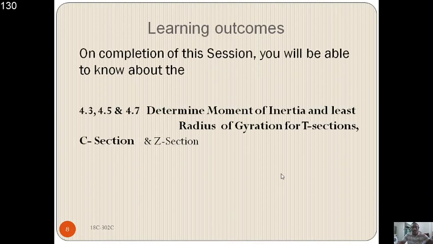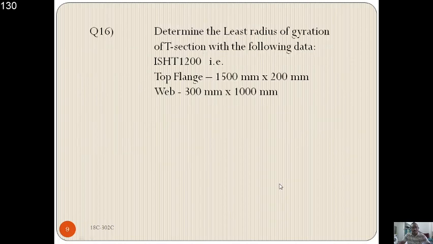Let us do some problems on the same. In this particular question, they are asking to determine the least radius of gyration of a T section with the following data.